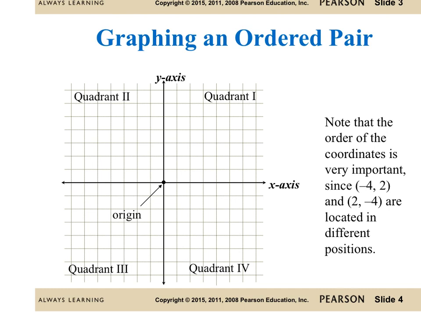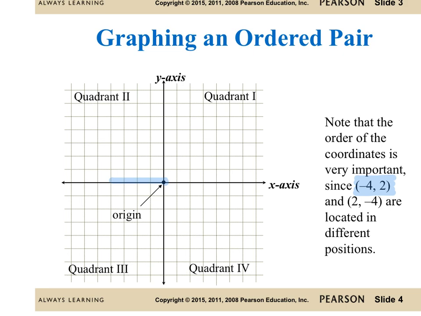So in this particular situation, we're going to talk about plotting 2 points and why it's important to notice that the order of the two numbers is different. The first point that we're going to plot is going to be the point (-4, 2). In starting to plot the point (-4, 2), we're going to begin at the origin, and we're going to move left 4, 1, 2, 3, 4, because the 4 is negative.